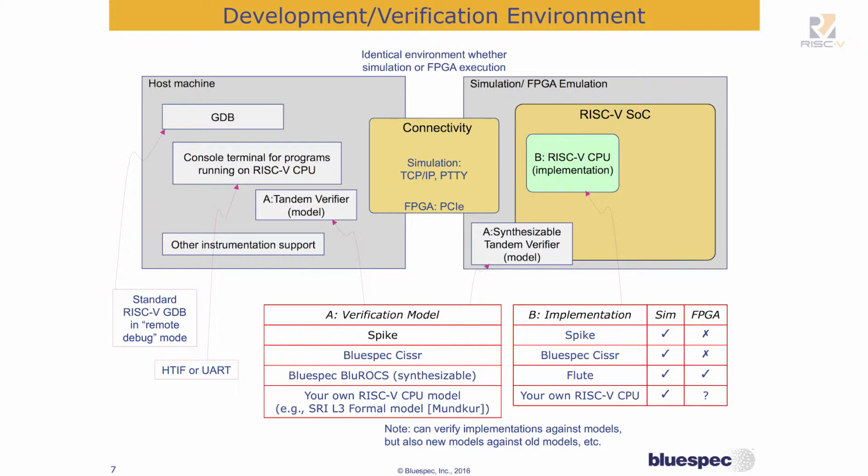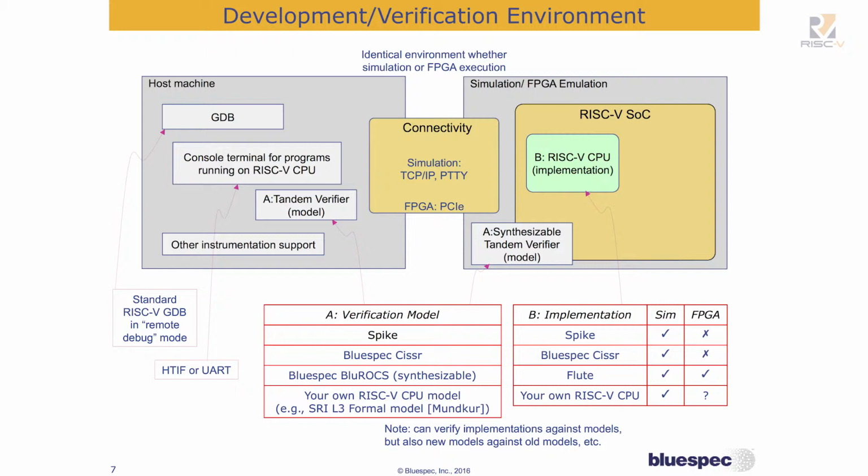The GDB interface is essentially standard GDB, in this case RISC-V GDB, that talks through instrumentation that we have built on the right-hand side that has direct access into the CPU, first of all, the architectural state. So you can have standard GDB interaction with the CPU, including loading ELF files, running them, single-stepping them, setting breakpoints, and so on and so forth.